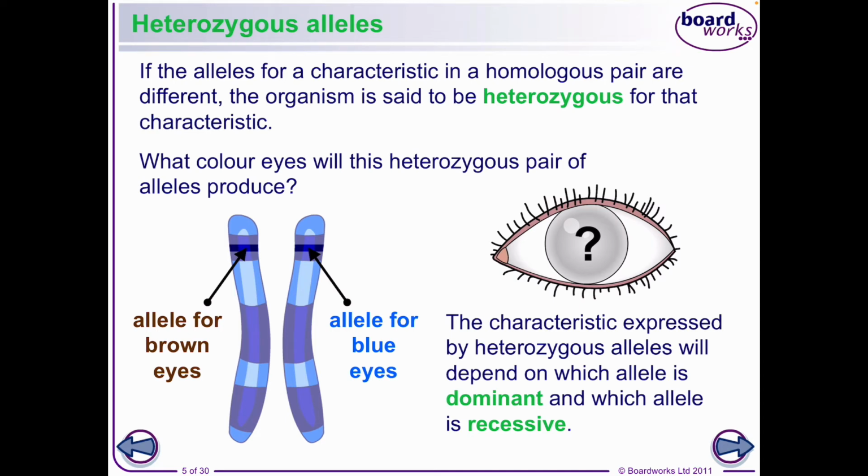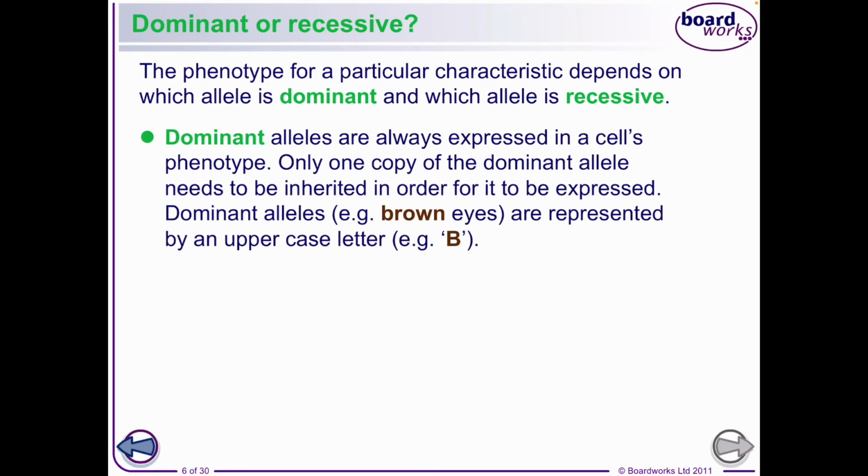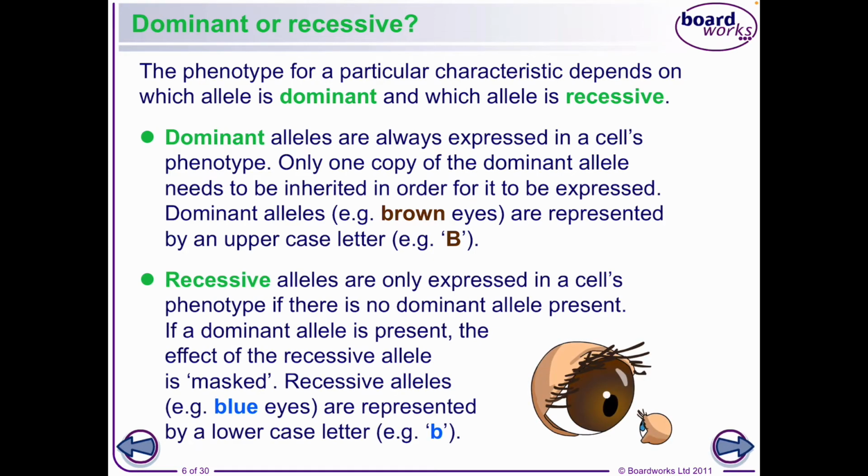Well, that all depends on which allele is dominant and which allele is recessive. The dominant allele is always expressed in the phenotype. In this case, brown eyes is dominant and they are represented by an uppercase letter. Recessive alleles are only expressed in the phenotype if there is no dominant allele present.